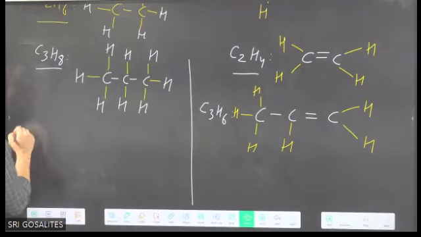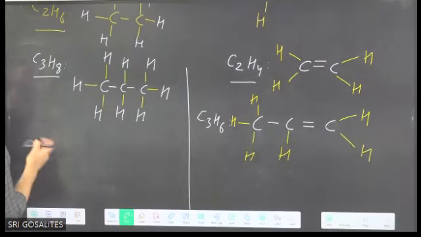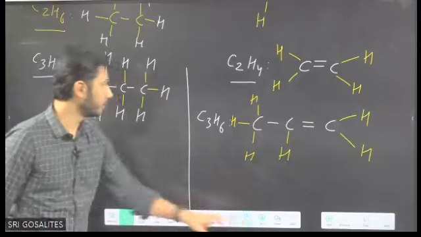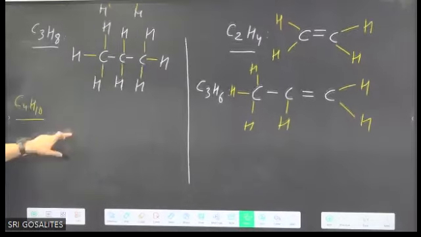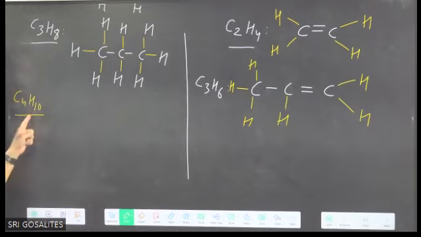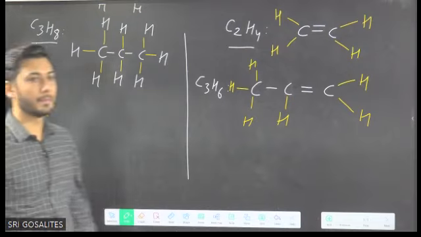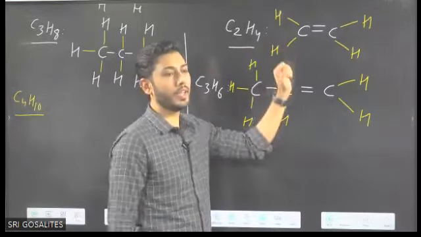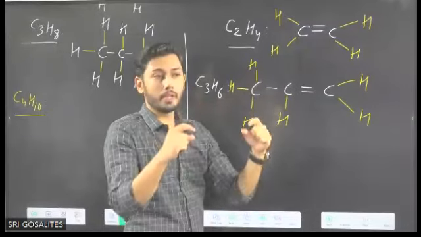Now, if you want to write the butane molecule, C4H10, try to write it. Before that, this earlier one is saturated, and C2H4 is an alkene example, in which a carbon-carbon double bond is there.